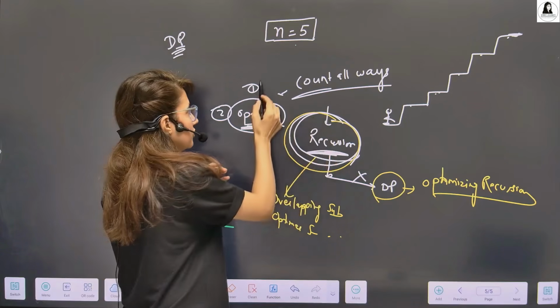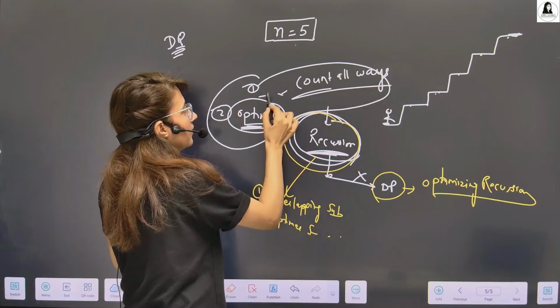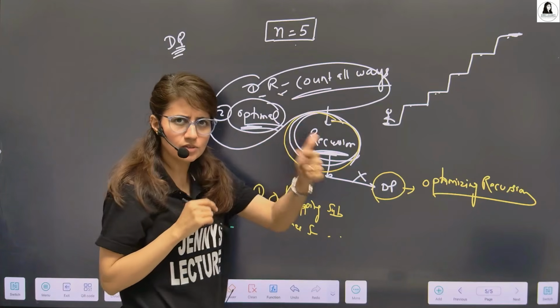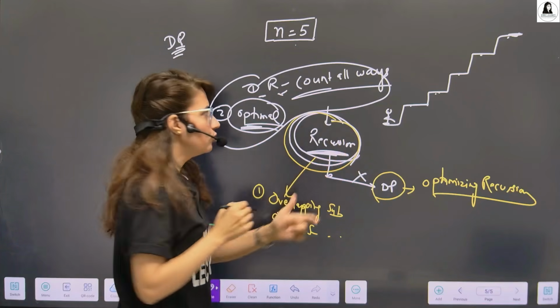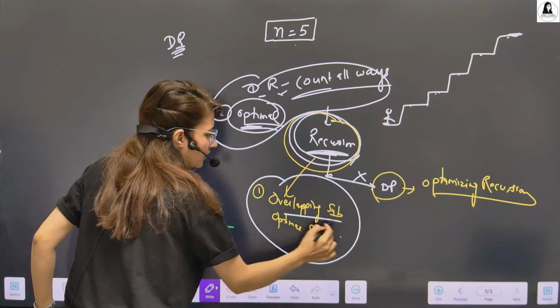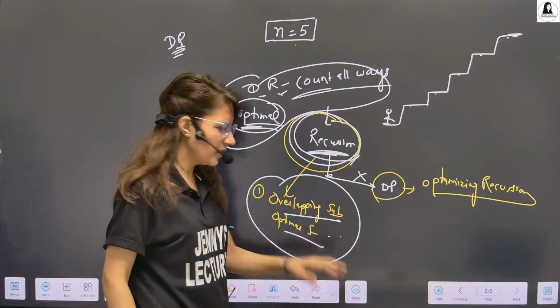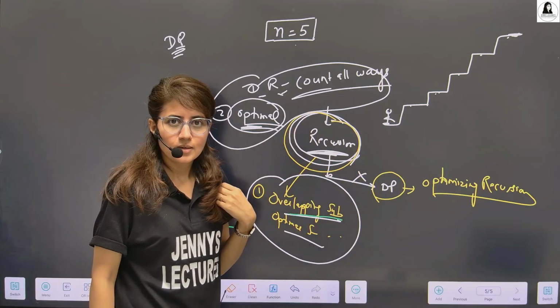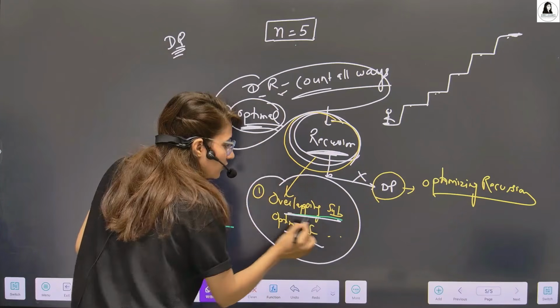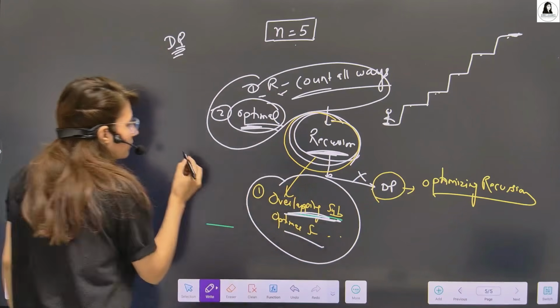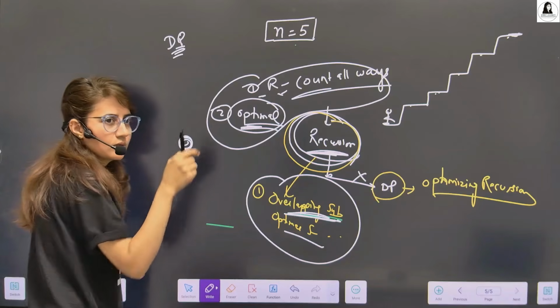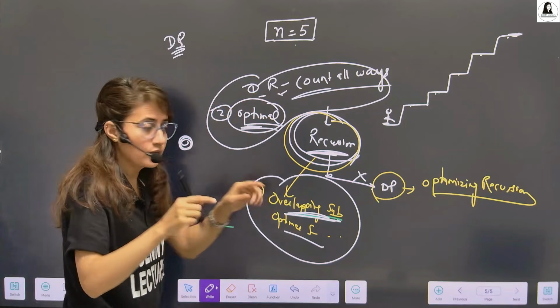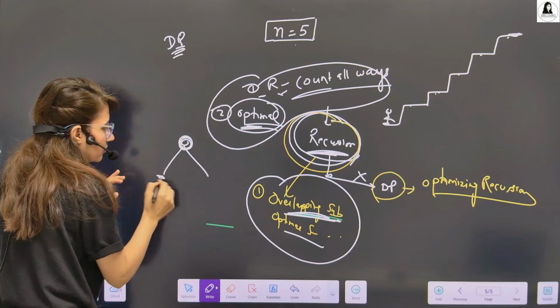Also, first it should be recursion, and in that recursion it should have overlapping subproblems and optimal substructure. You can tell the subproblems overlap when, in that particular function, you are calling the recursion two times.